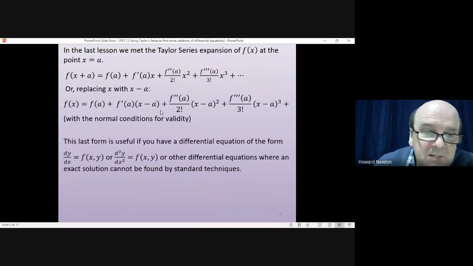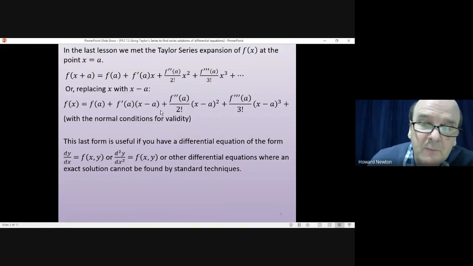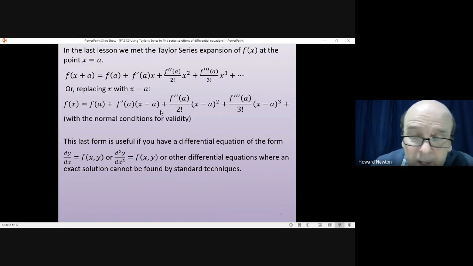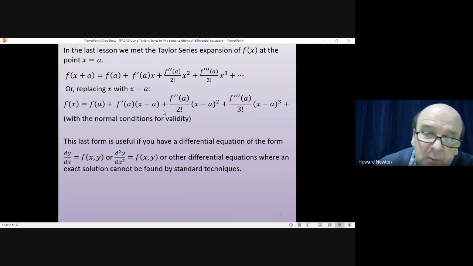And it's this second version which is useful if you have a differential equation of the form dy by dx is some function of x and y, or d2y by dx squared is a function of x and y, or some other differential equations where an exact solution cannot be found by any of the standard techniques that we've learned so far.